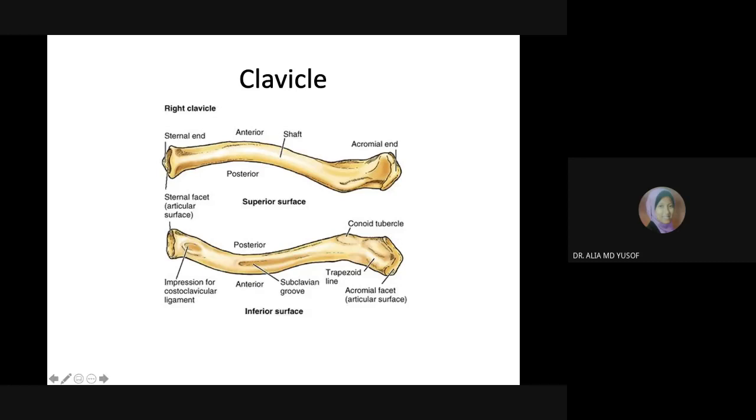The medial two-third of the clavicle is actually long bone, and dia punya histology is compact bone. Nanti you akan belajar dalam physiology. Don't worry about that. Okay, dia compact bone, dia similar to long bone punya features.